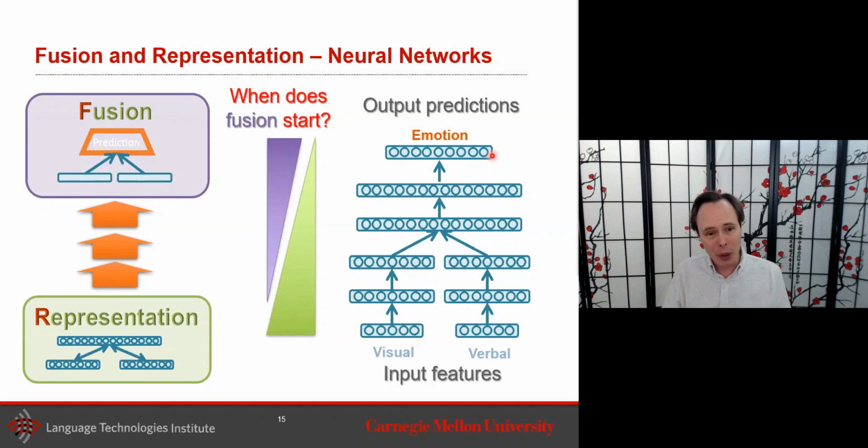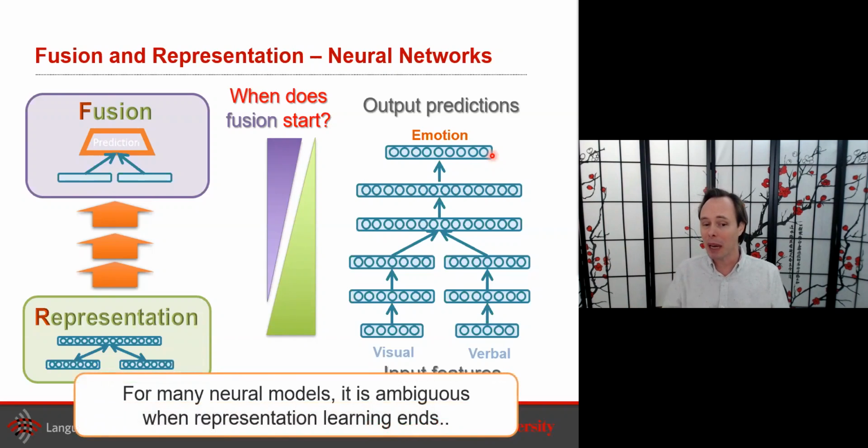And it's true that for many neural networks, it gets ambiguous where the representation ends and where the final prediction happens. Is the final prediction only the last layer and everything else is representation learning?